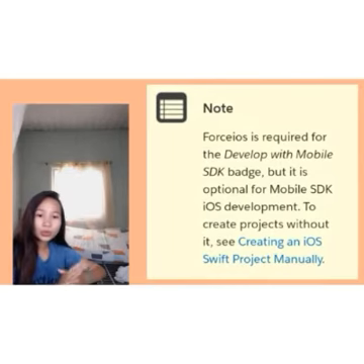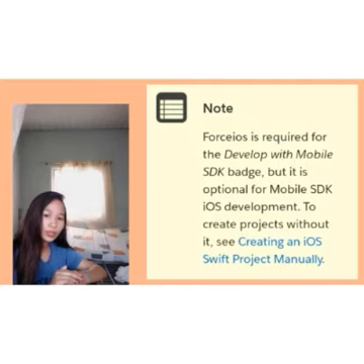Note, Forceios is required for the Develop with Mobile SDK badge, but it is optional for Mobile SDK iOS development. To create a project without it, say creating an iOS web project, do it manually.